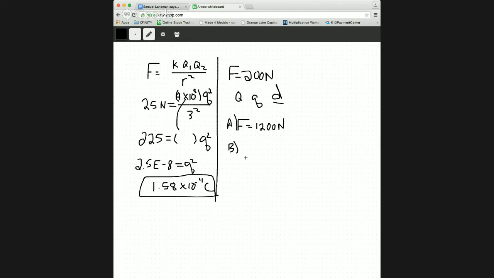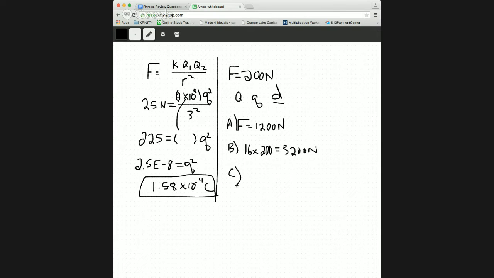Well, again, it's 1 over r squared. So if we reduce by 1/4, we're going to increase the force by 1 over 1/4, and then square it. So that's going to be 16 times. So B is going to be 16 times 200. So we'll get 3,200 newtons.